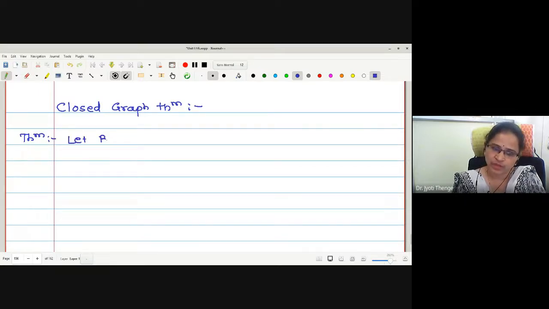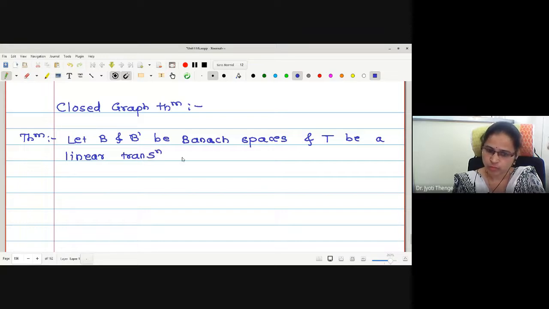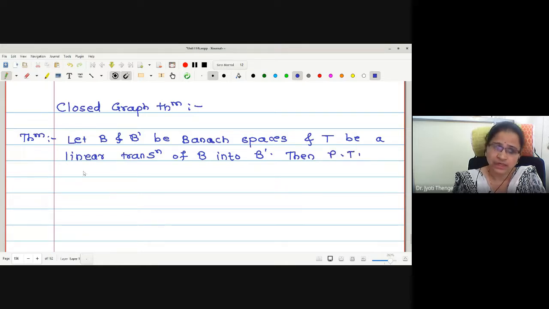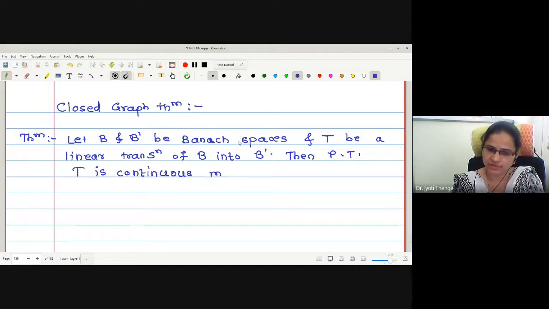Let B and B dash be Banach spaces and T be a linear transformation of B into B dash. Then prove that T is a continuous mapping if and only if its graph is closed.